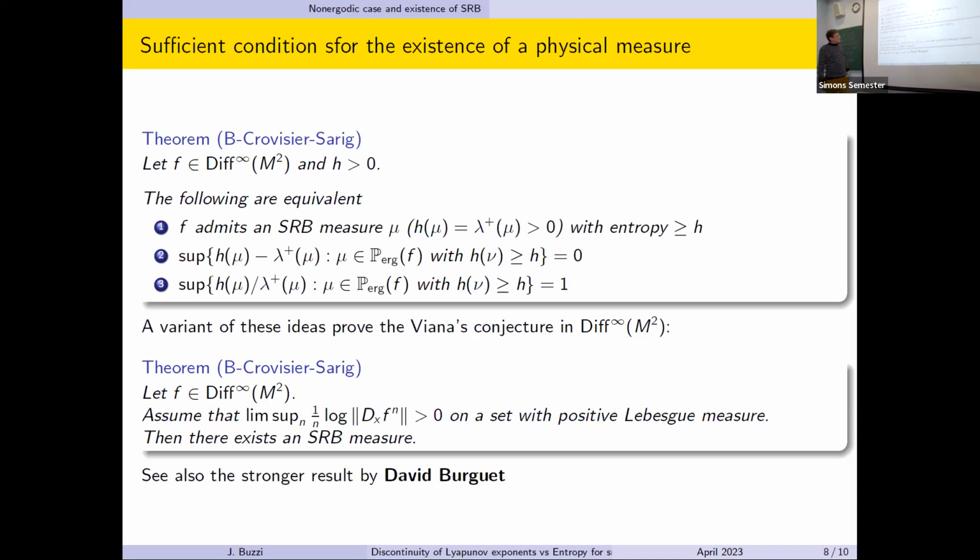So for this, you would like to use the first or the second statement with an ergodic limit. But when you are told that this is 0, it gives you a sequence of ergodic measures with entropy bounded away from 0.